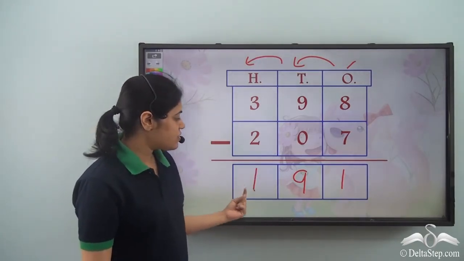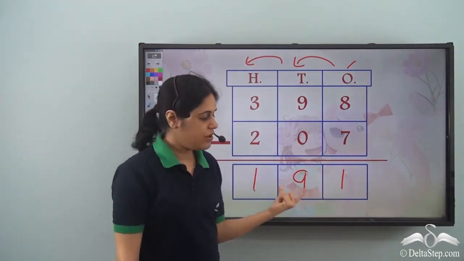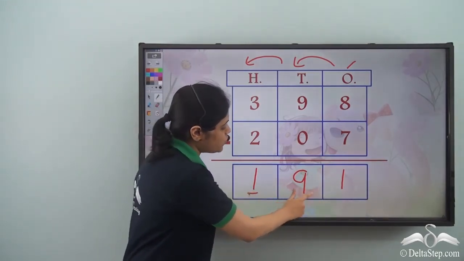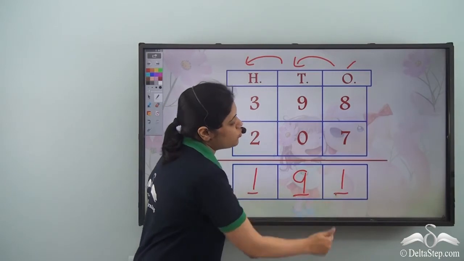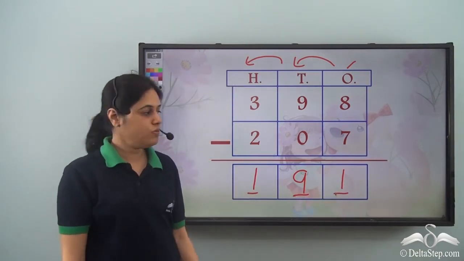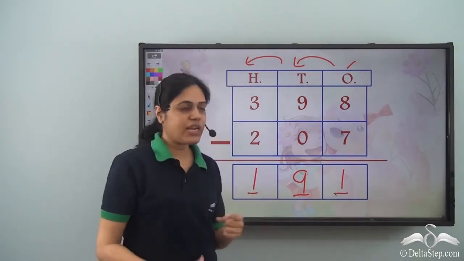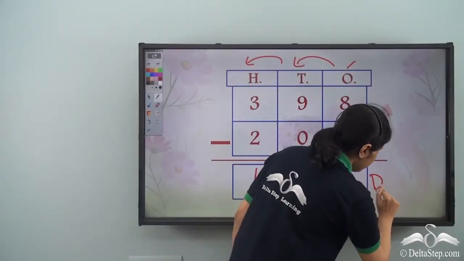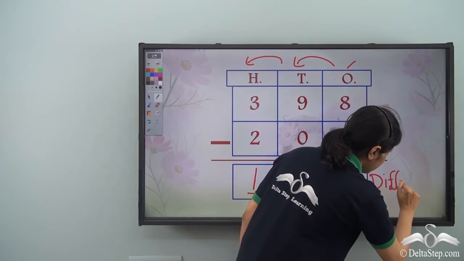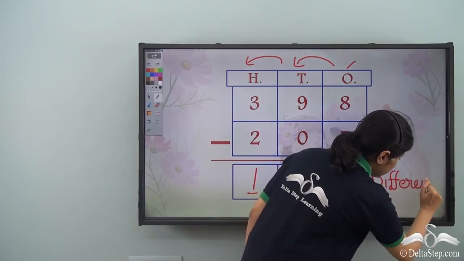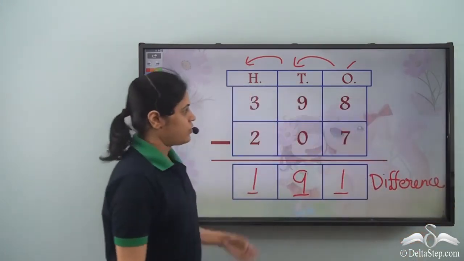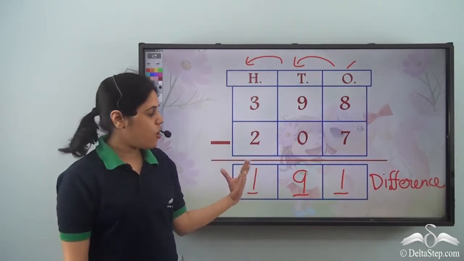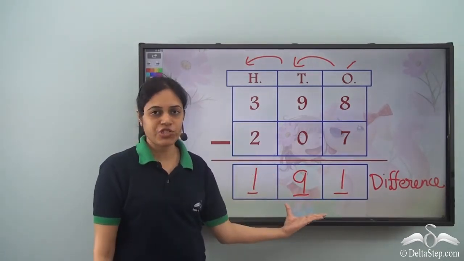So the answer is 191: 1 in the hundreds room, 9 in the tens room, and 1 in the ones room. This is the difference, the answer of the subtraction.